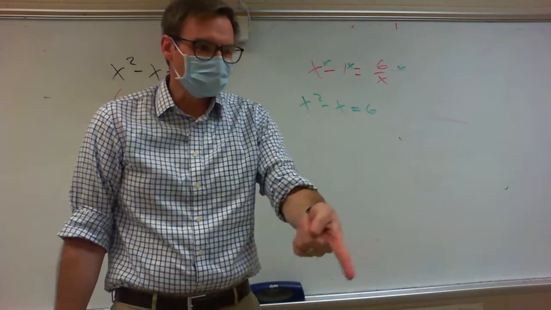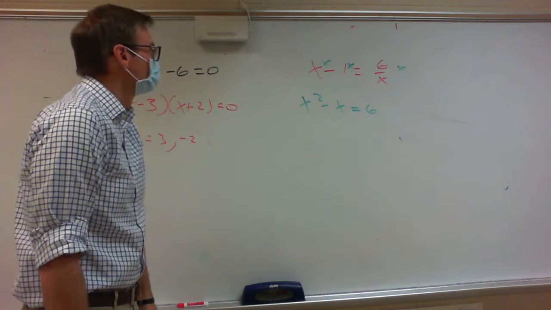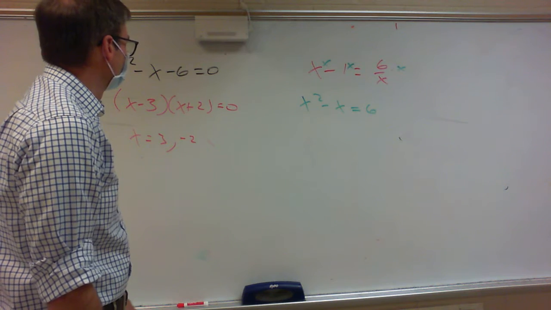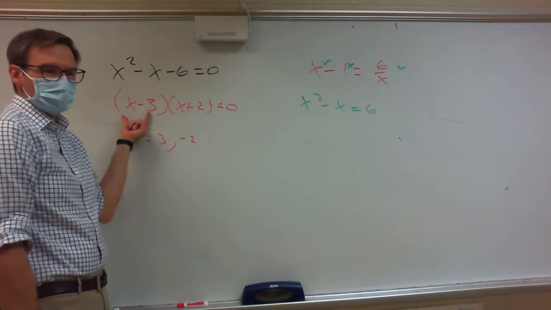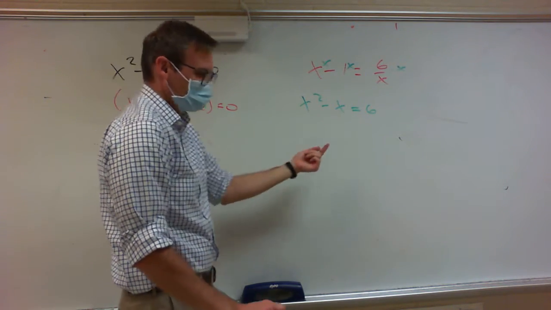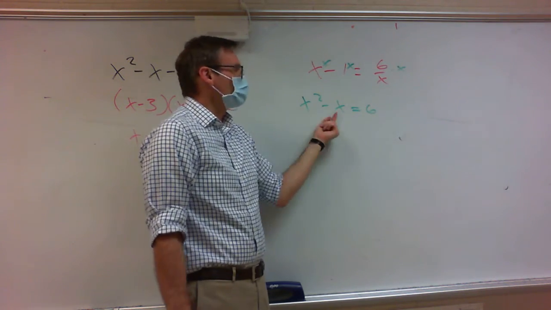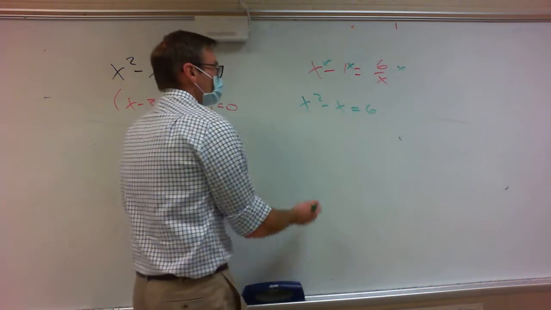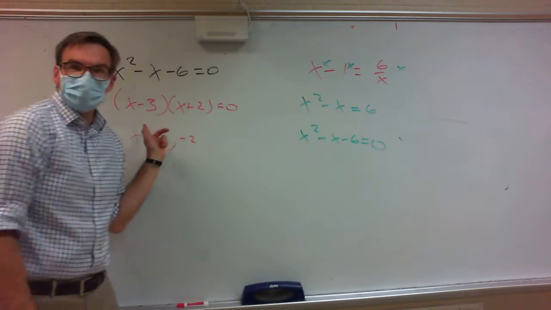Yes. And now, anytime you see x squared and x and a number, you set it equal to 0 and hope you factor, so that gives x squared minus x minus 6 equals 0. And we already know how to solve that, don't we?